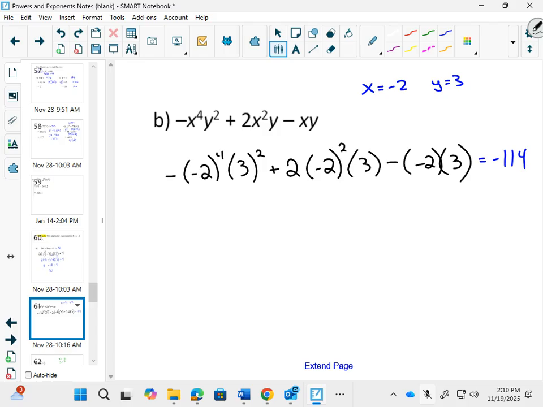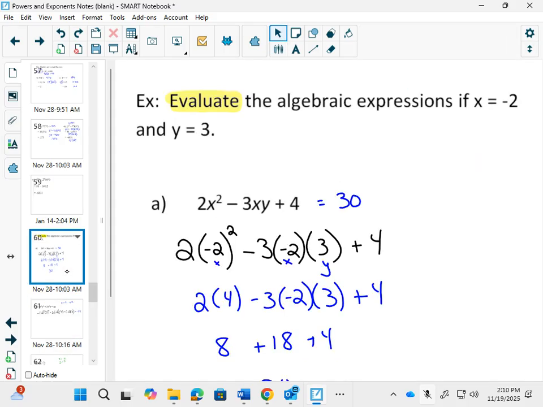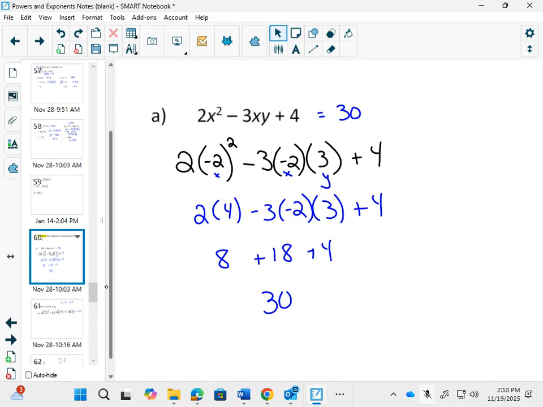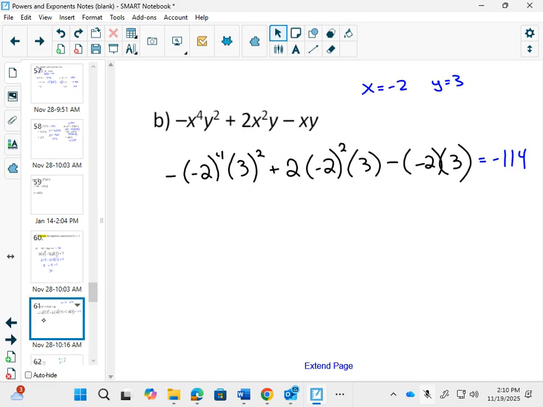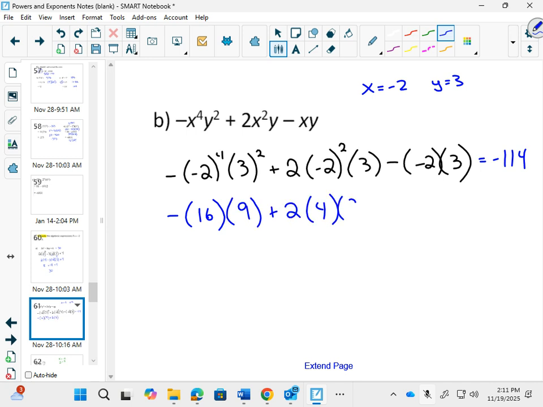Did you get -10 for the first one? The first one is 30. Okay, now let me do this one. Negative. This exponent would be 16. This exponent is 9. Now we have multiplication.